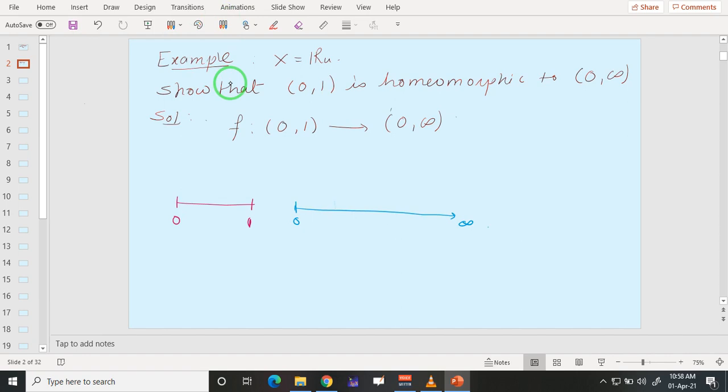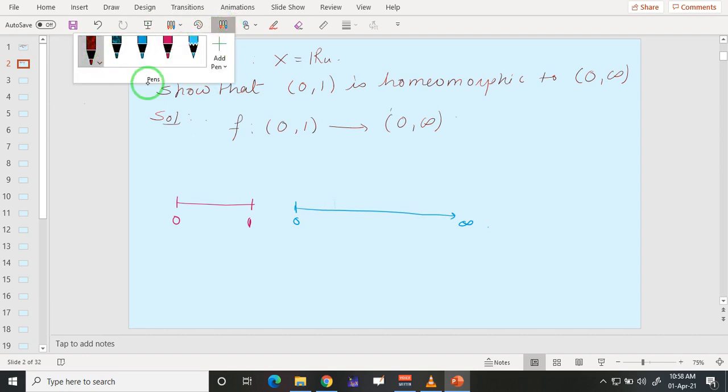Continuity and inverse, bijective, that also we have to keep in mind. So you can pause the video and search for a function which will take you from the interval (0, 1) to the interval (0, infinity). Now if you define a function that is continuous, it means there should not be any break. So you may take 0 to infinity and you can make 1 go to 0, no problem.